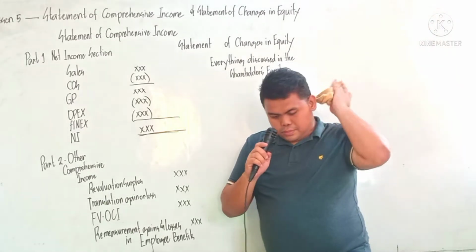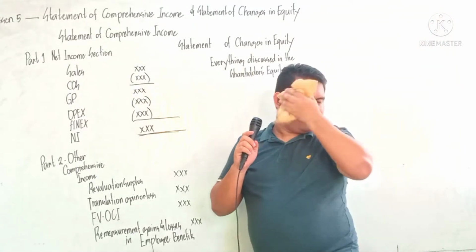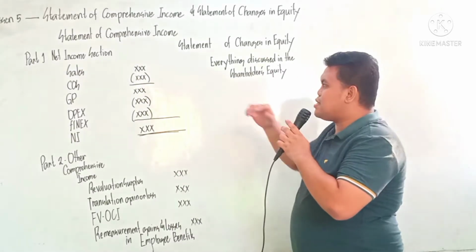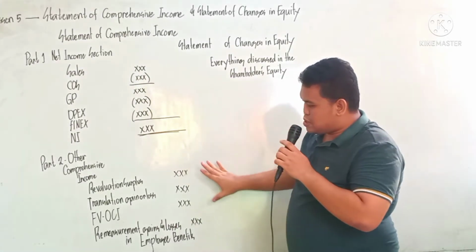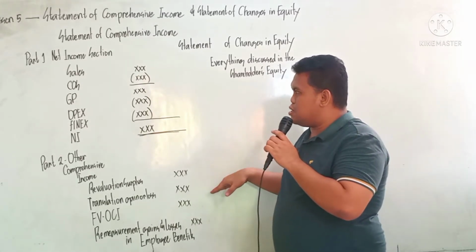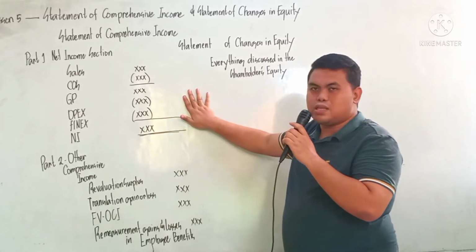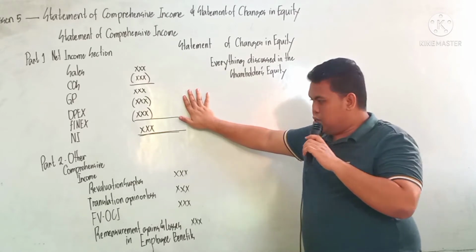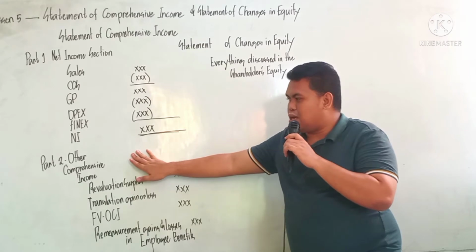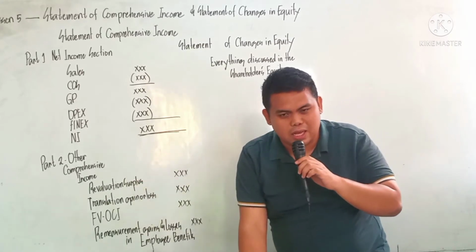However, sometimes, you need to be able to group these items versus this, because in the part 2, that's why I enumerated this, it shouldn't be part here sa net income. Okay? So these are those items na dito sa other comprehensive income.